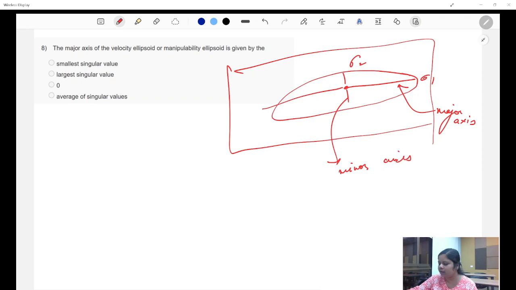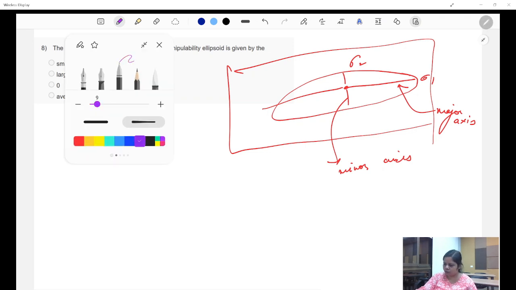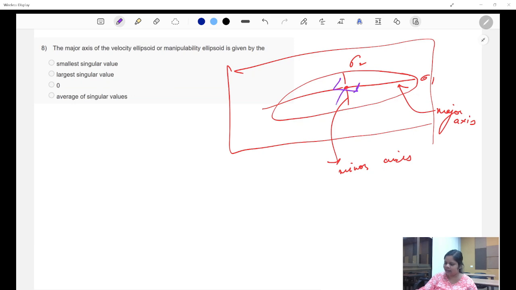So what can you infer from this figure? Think about it geometrically. You see the ellipsoid? Here the major axis has a long stretch and the minor axis has a short stretch. So what can you infer? If here is the end effector of a robot, what would you be able to say about the end effector if you are given this ellipsoid?